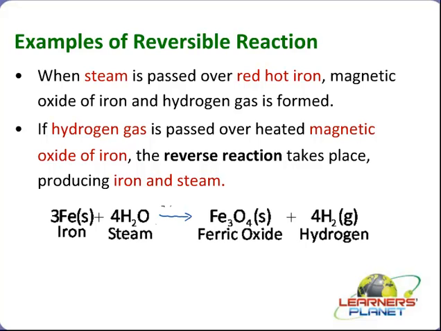Now the second reaction: if hydrogen gas is passed over magnetic oxide of iron, ferric oxide, the reverse reaction takes place, producing iron and steam. So it is a reversible reaction, and I can put another arrow here.